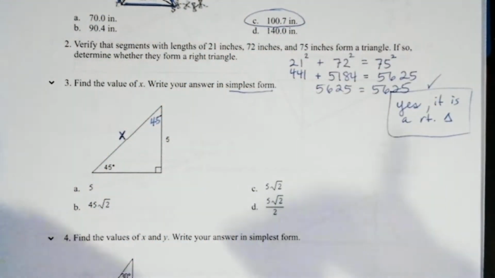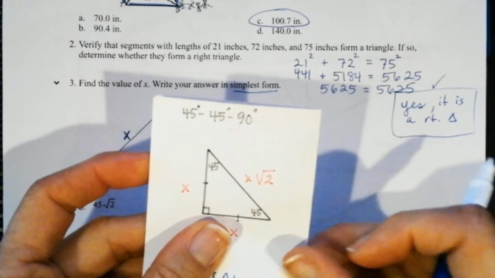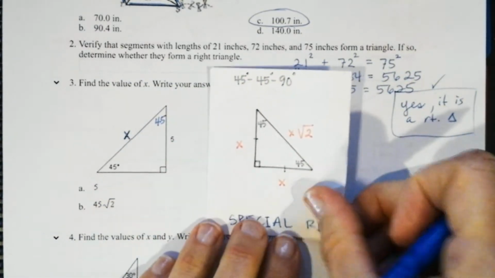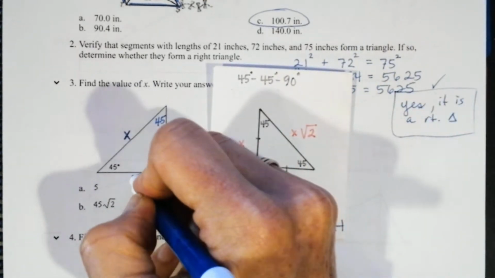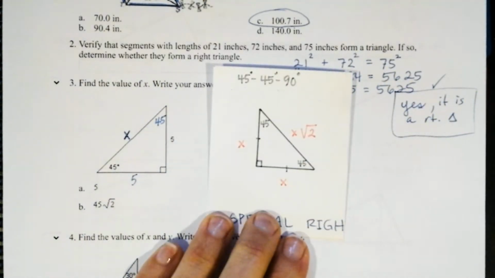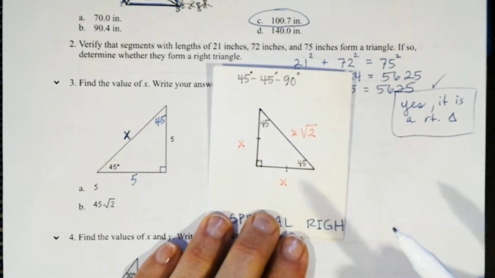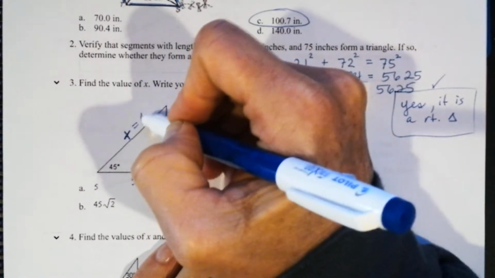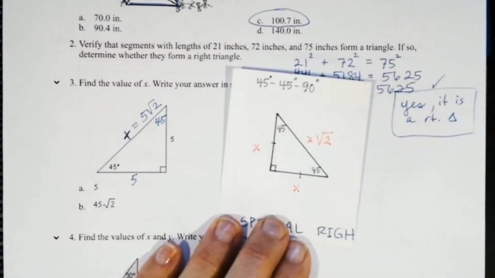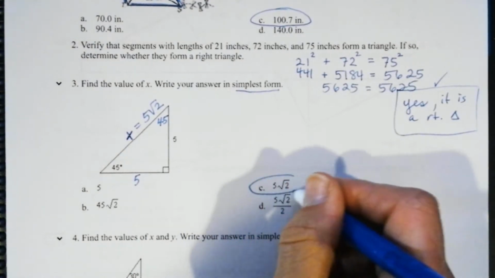And in our special right triangles, it's this one, okay, you should recognize that whatever the legs are, they're the same. So that leg is 5, and then the hypotenuse is simply multiplied times the root of 2. So if this is 5, then x equals 5 times the root of 2. That's all there is to it. There's nothing more.